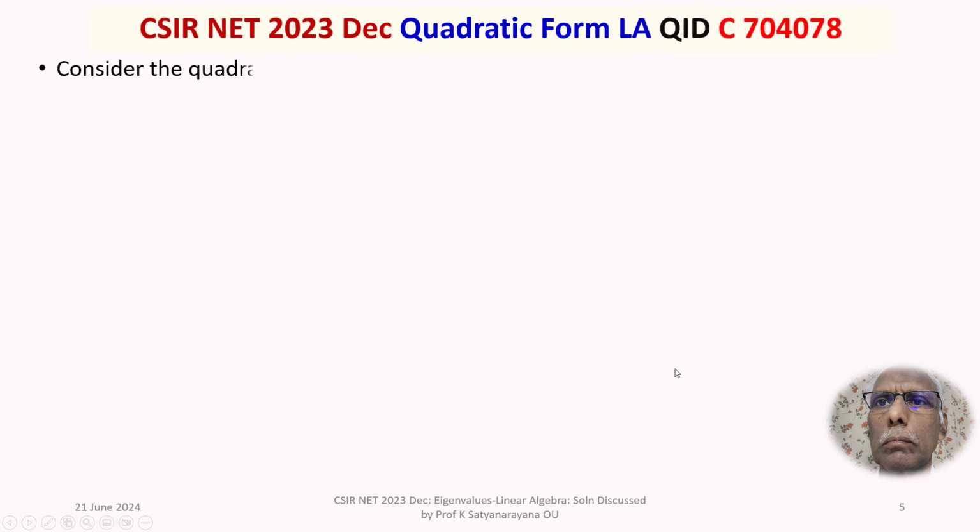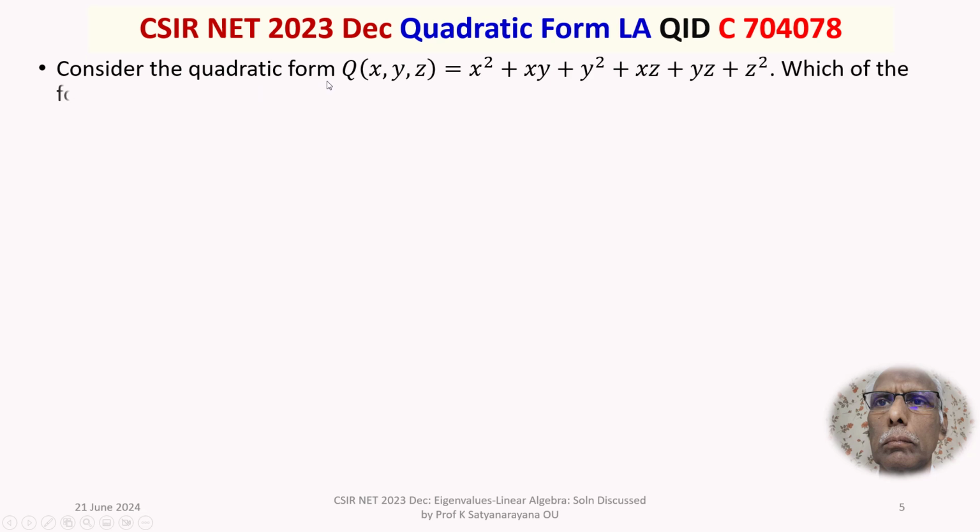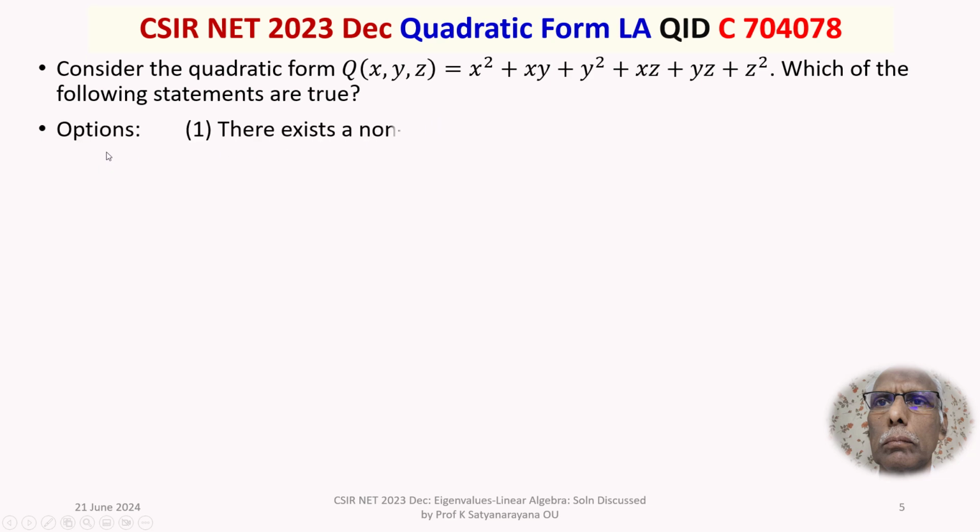The given question is: consider the quadratic form Q of the triad x, y, z is equal to x square plus xy plus y square plus xz plus yz plus z square. Which of the following statements are true? We are given four options.